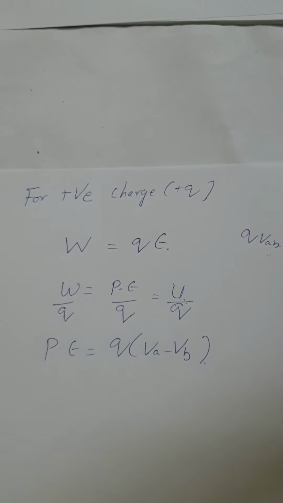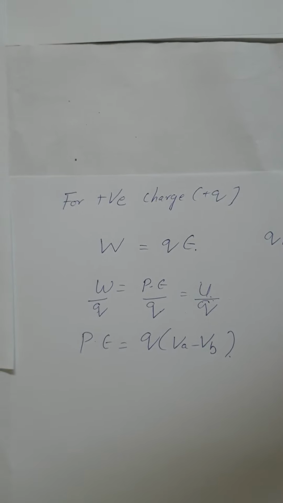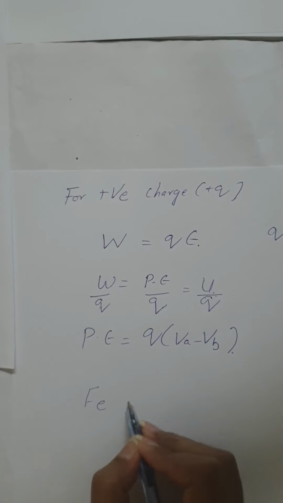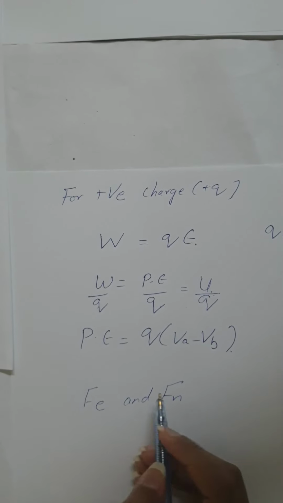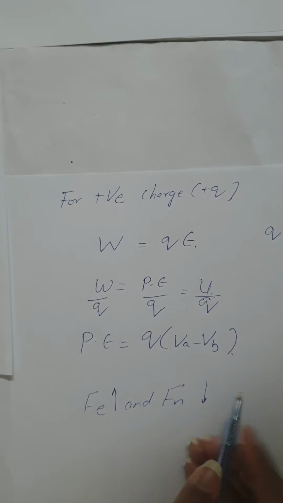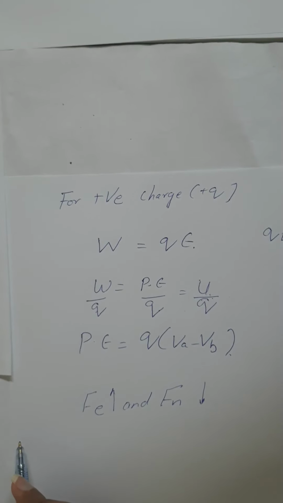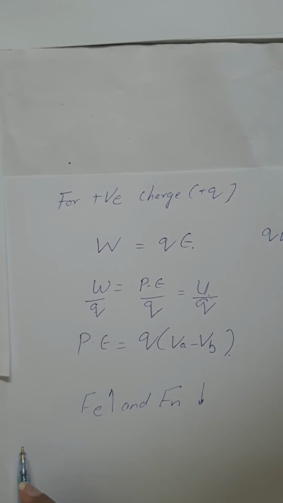So for the ideal source of EMF, we can say that Fe and Fn are equal in magnitude but opposite in direction. So the total work on the charge Q is 0.